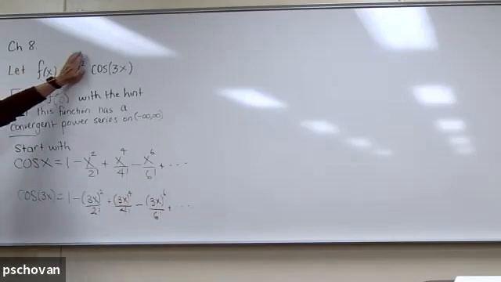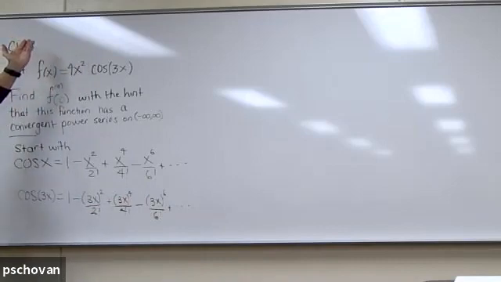Okay, so that takes care of that part. Now the last thing I want to do is multiply this power series by 4x squared, which means I can distribute it to each term.